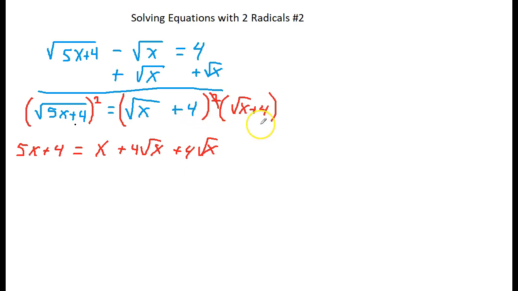Then 4 times 4 is 16. Combine like terms on the right side. So we have 5x plus 4 equals x plus 4 square root of x plus 4 more square roots of x gives you 8 square roots of x plus 16.